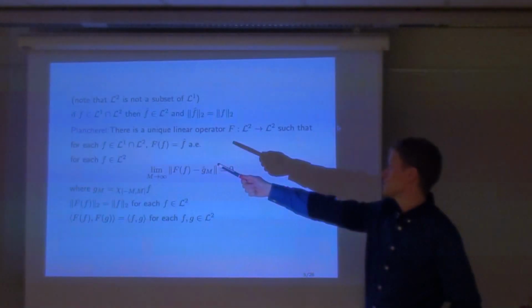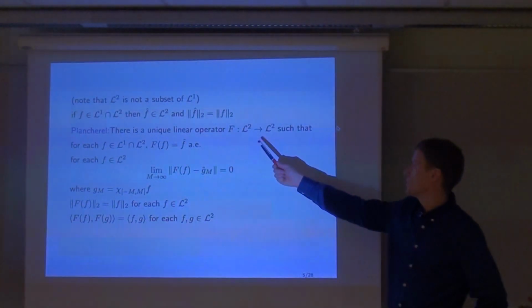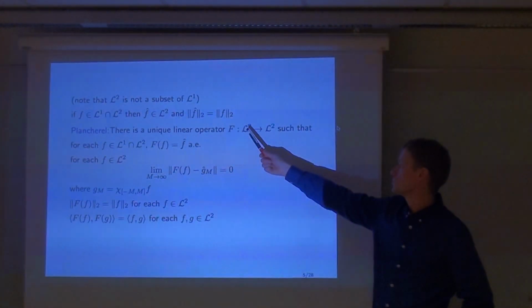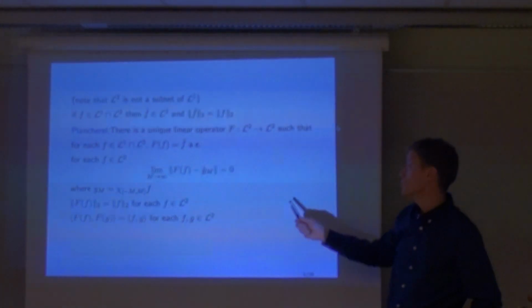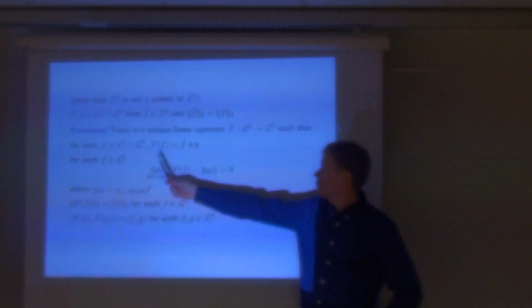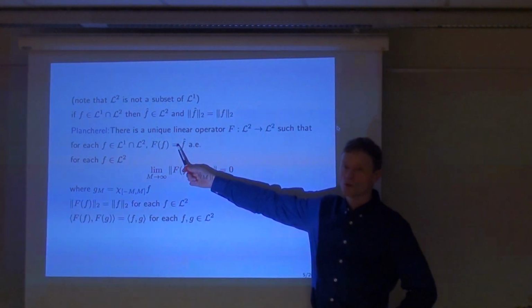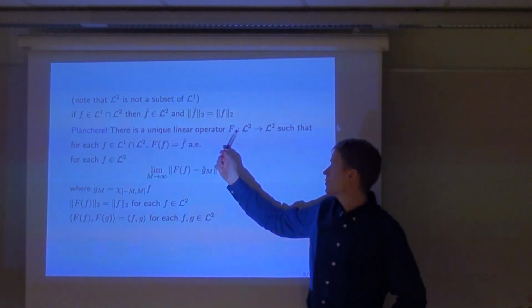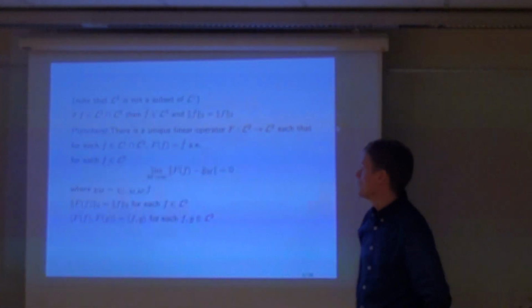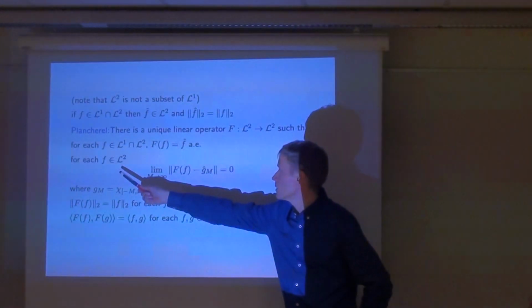Then you have Plancherel's theorem, which says that there is a unique linear operator from L2 to L2, corresponding to doing the Fourier transform. Let's call it big F. It's unique for f in L2.